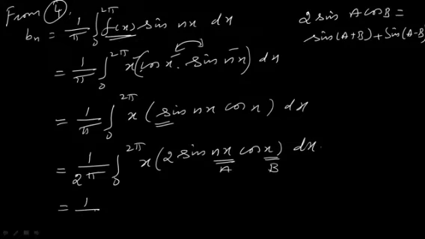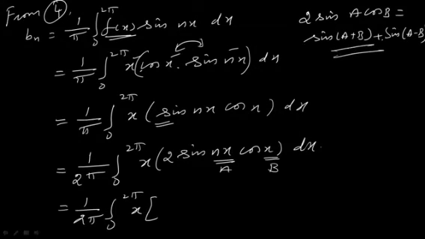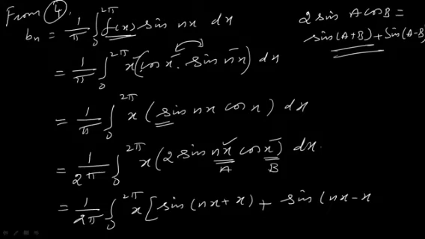So that is equal to 1 by 2 pi integral 0 to 2 pi x 2 sin a cos b. 2 sin a cos b is nothing but sin a plus b plus sin a minus b. That is, a is nx and b is x, so sin a plus b plus sin a minus b, that is nx minus x, of dx. So now what you are going to do here, you take these terms of x outside of this parenthesis, so that will be easy for our integration.